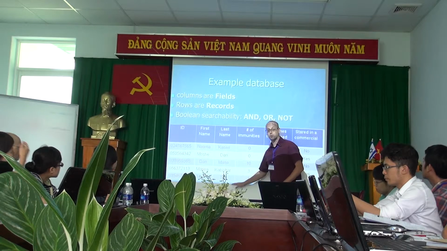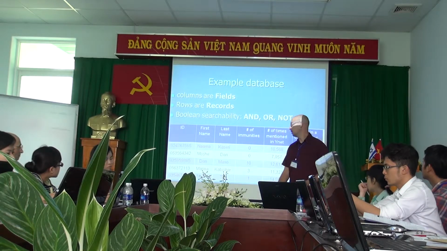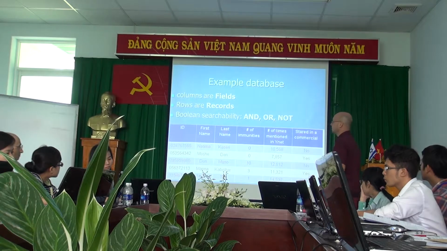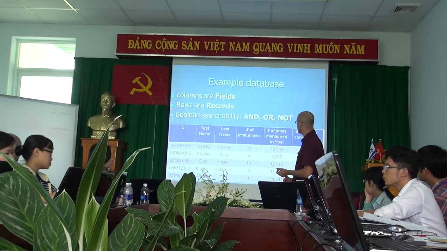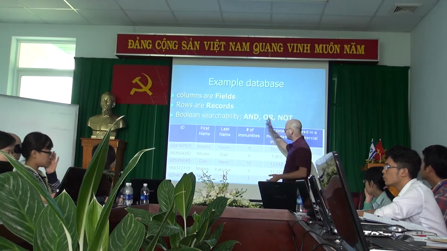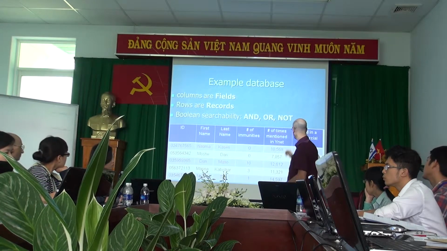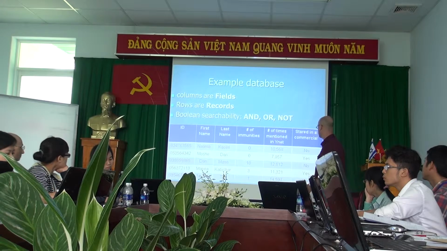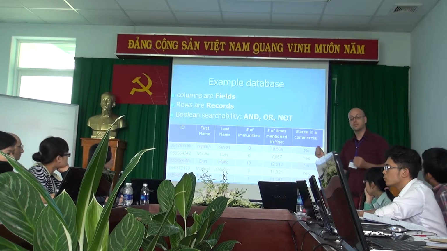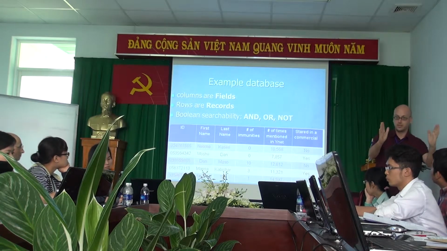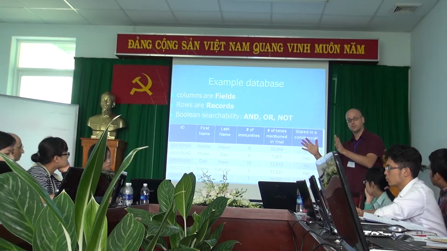I have 5 records. Find me a record that has 0 number of immunities, but has starred in a commercial. Here I used and. I want a record with this field and this field.